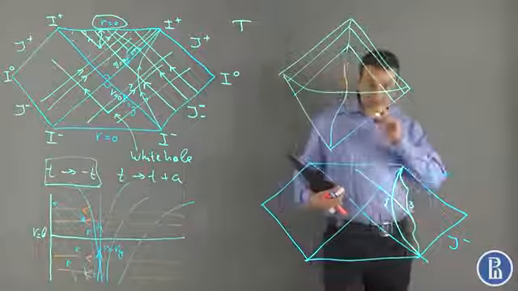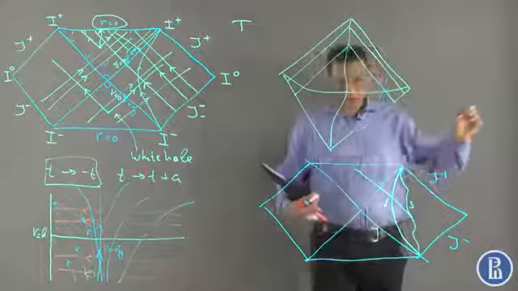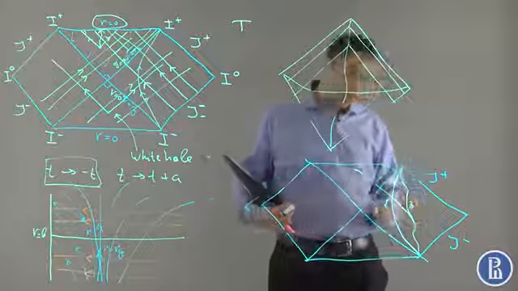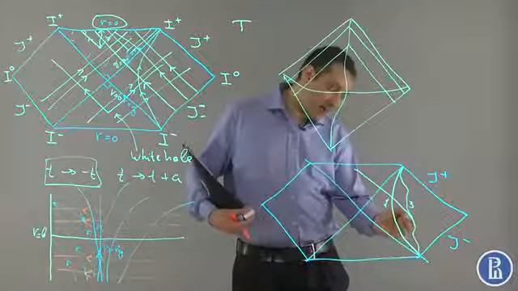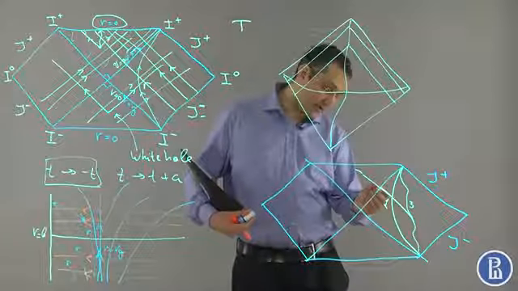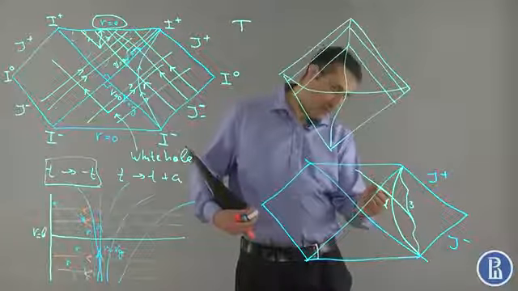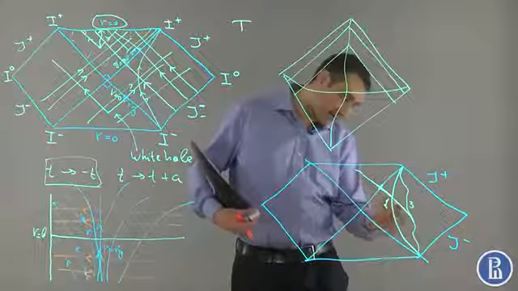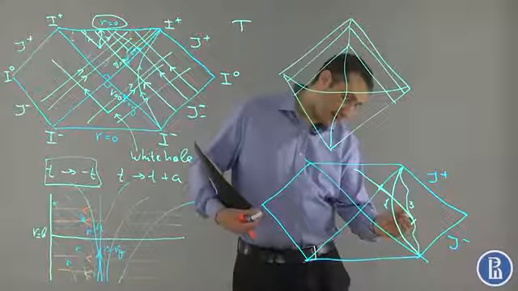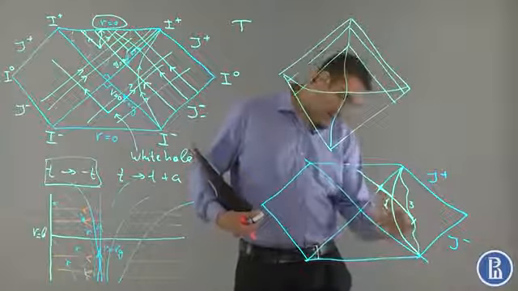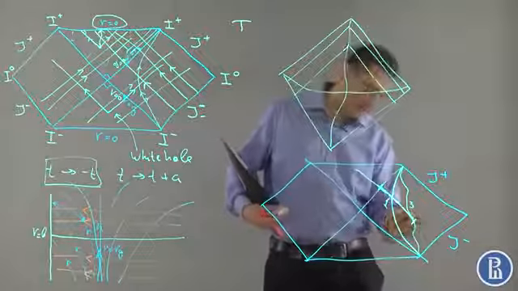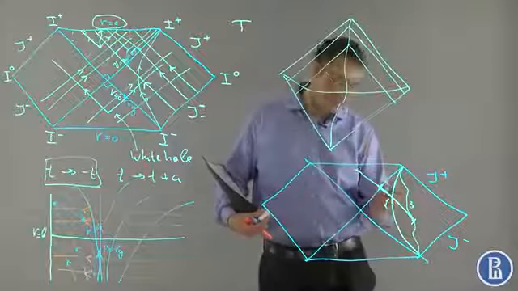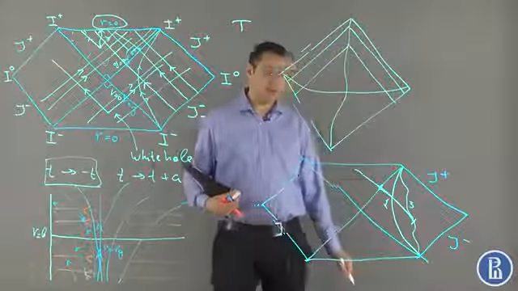Now one can see immediately, and we're going to show explicitly in the next lecture, that it takes a finite proper time for this thing to cross the horizon. Finite proper time. This line is of finite length, and the length of this is the proper time spent from here to here. It's a finite length.